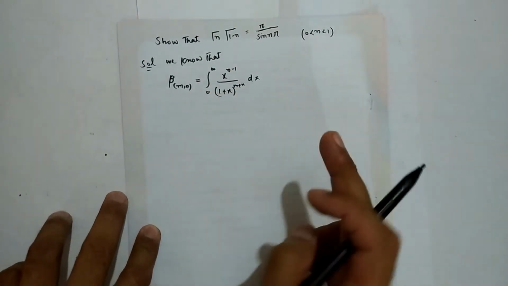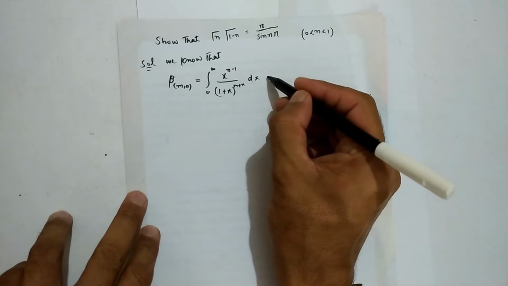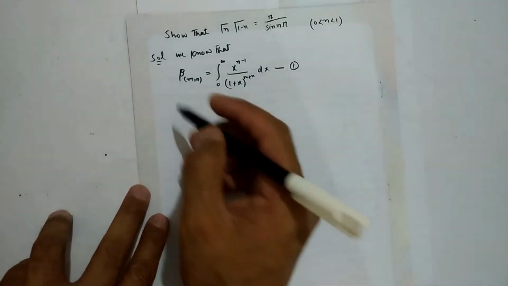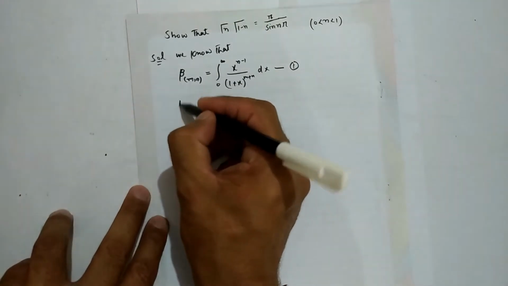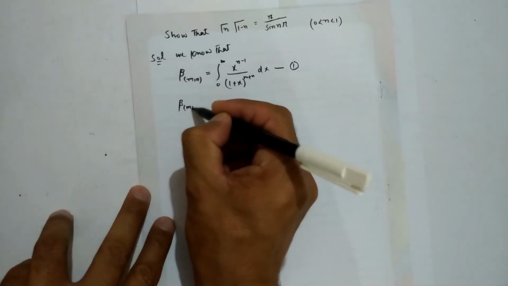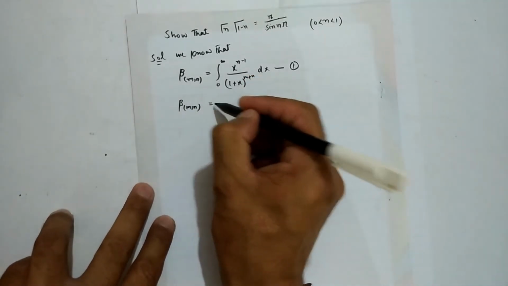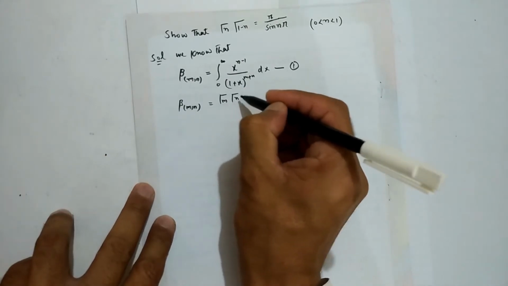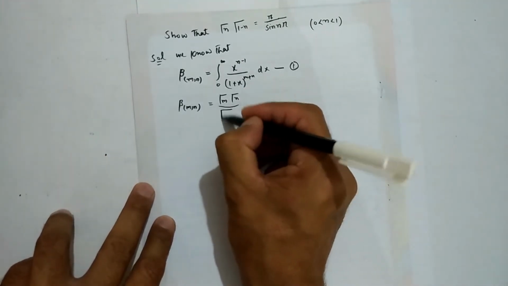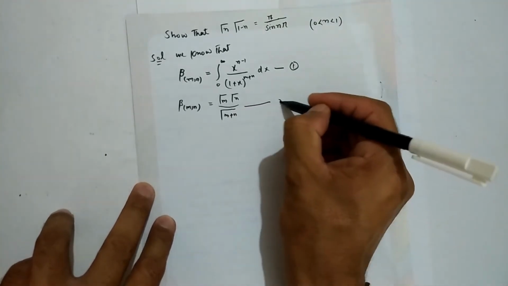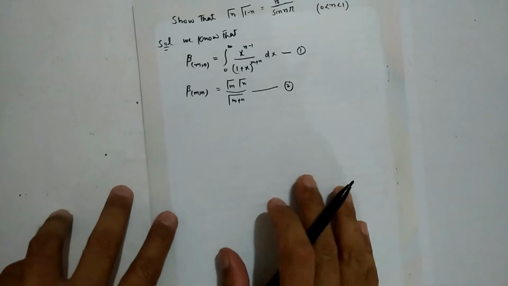This property is already proven in our earlier lectures. This is equation number 1. Also, we know that by the definition of gamma function, the relation between gamma and beta function: beta mn equals gamma m into gamma n upon gamma m plus n. This is equation number 2.